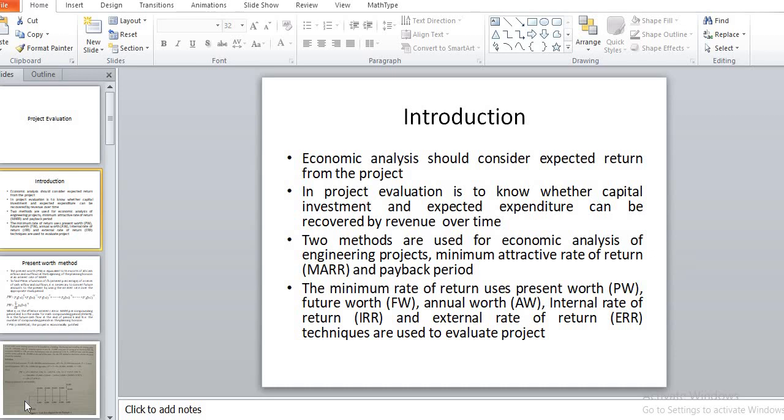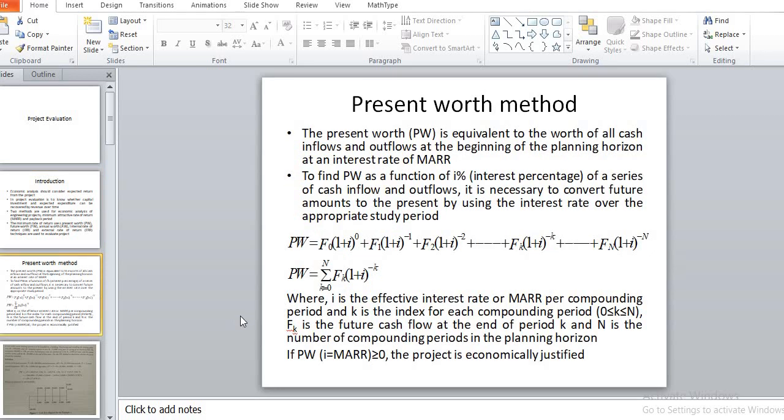The first method we discuss is the present worth method. We already went through these formulas. The present worth method considers cash inflows and cash outflows for a particular period of time, with a particular interest rate I percent.